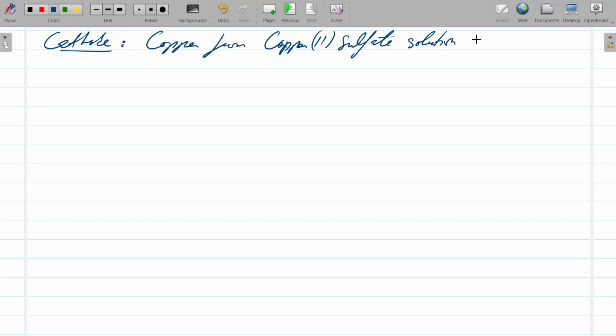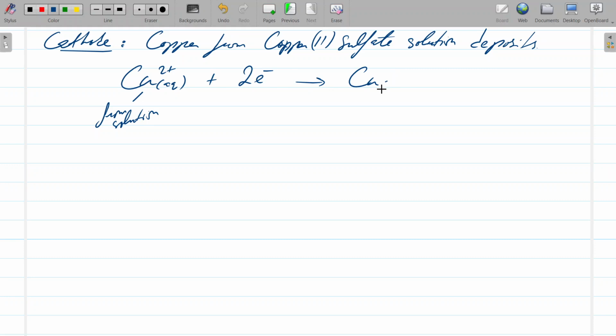That starts depositing at the cathode. So it's gaining the electrons that we just talked about. So you got these guys from solution, and they're gaining 2 electrons, and they're turning into a deposit of solid copper, copper atoms.